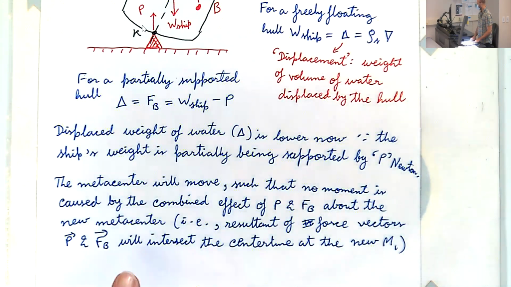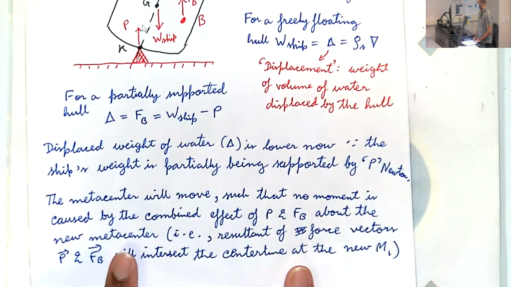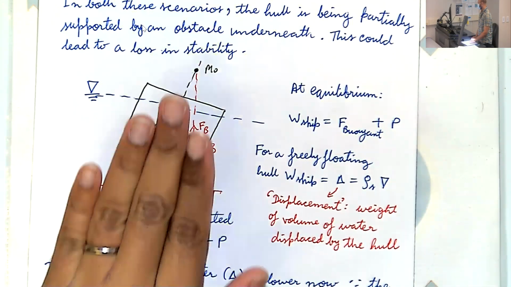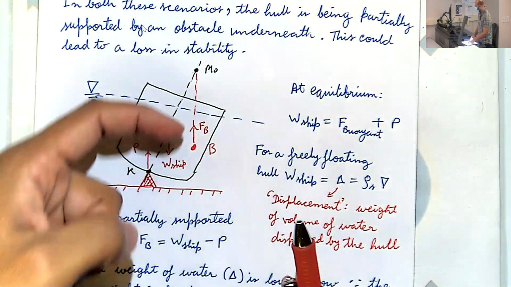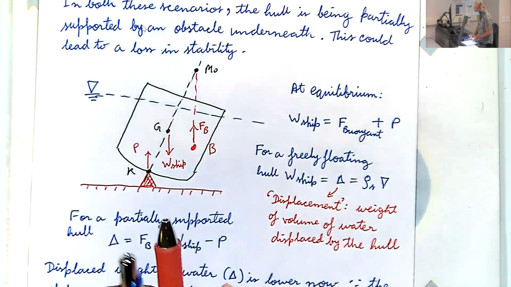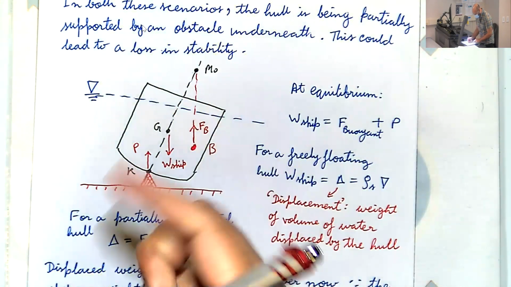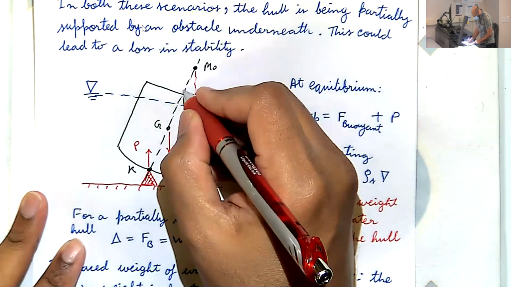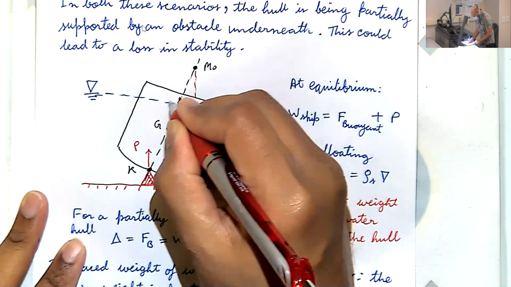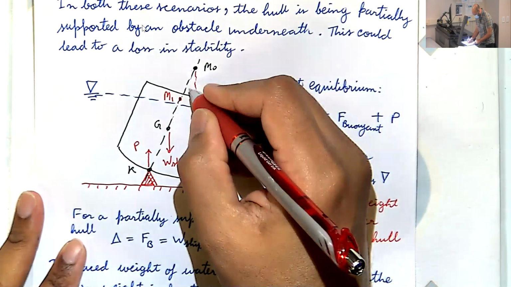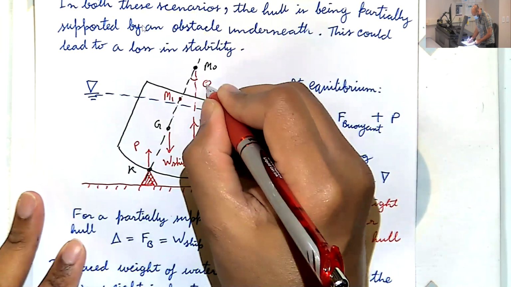All right? So in the supported case, the metacenter will move. We know we'll lose stability, so the metacenter has to move down. Let's say it moves down here to a new location, M1. And we know the angle here is phi.